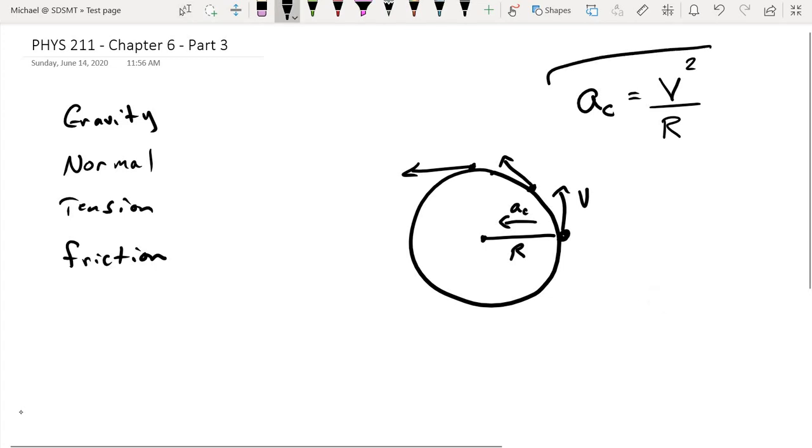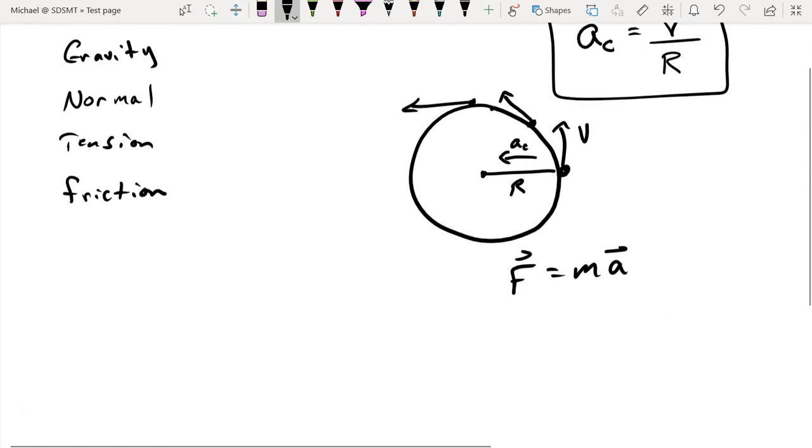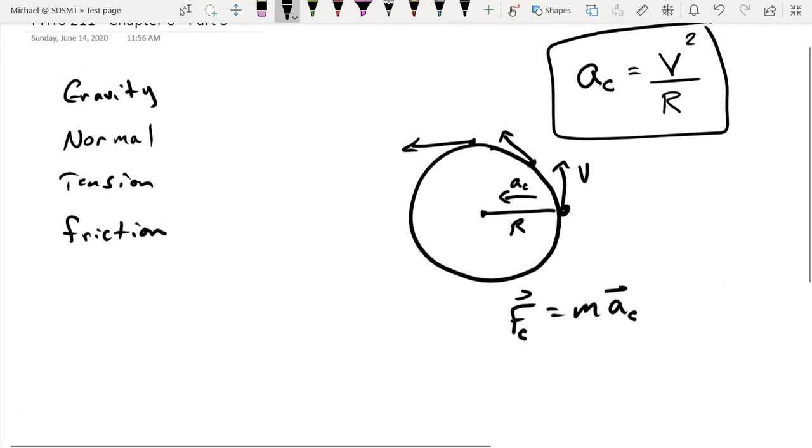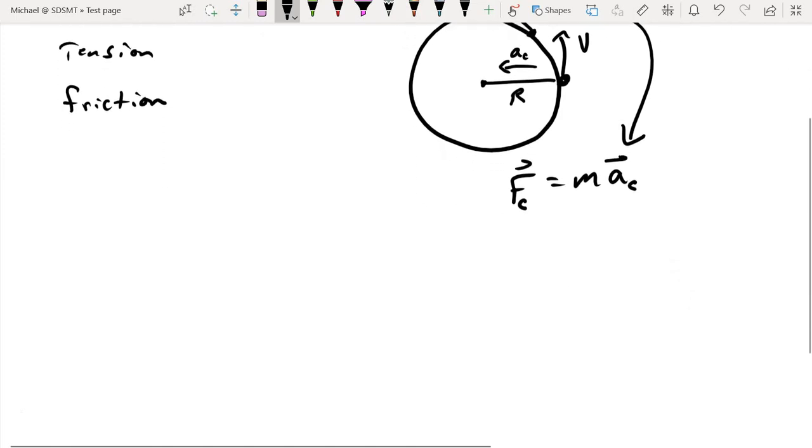Well, we can take this equation from Chapter 4 and combine it with Newton's second law of motion, by importing the expression for centripetal acceleration, because Newton's second law doesn't care what the acceleration is.